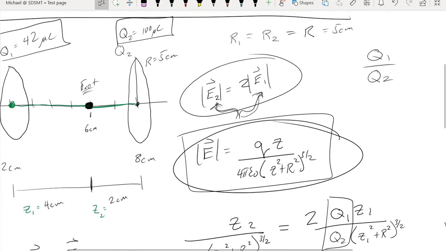I've given both of these rings positive charges, and so that means that whatever field ring 1 is producing is going to be pointing away from ring 1, and likewise ring 2 is going to have a field that's pointing away from ring 2.